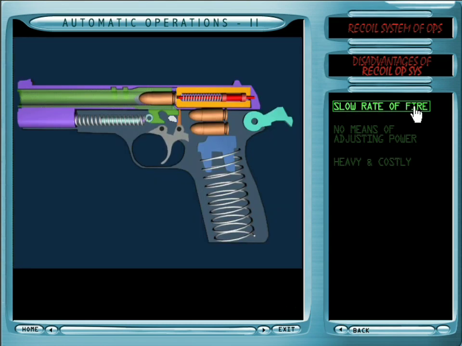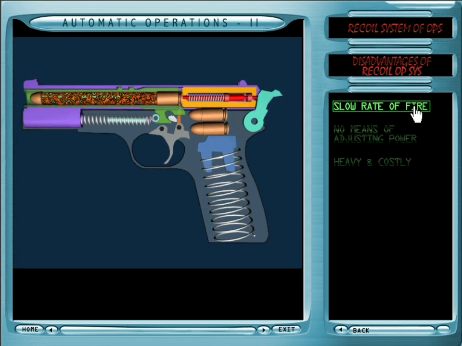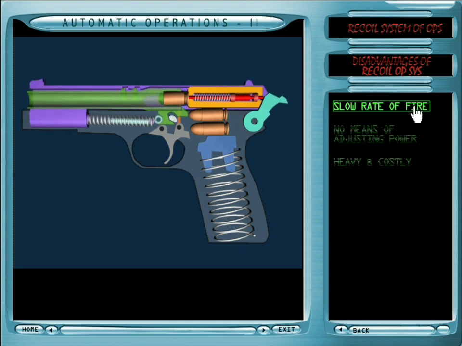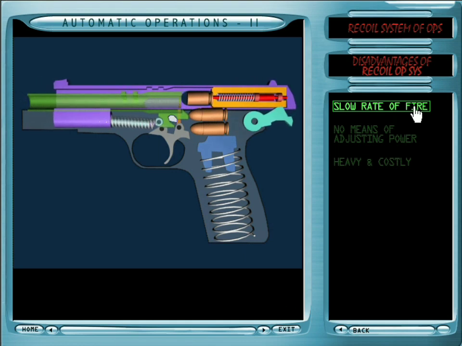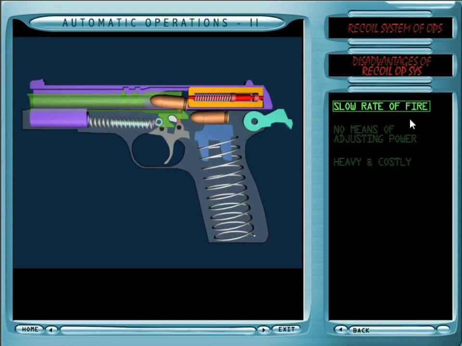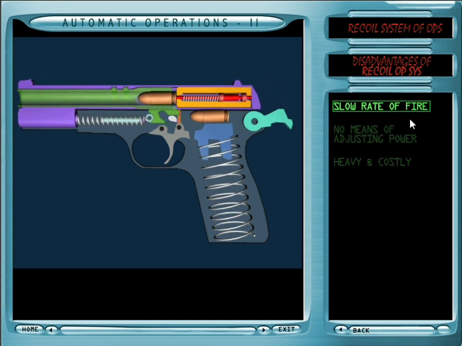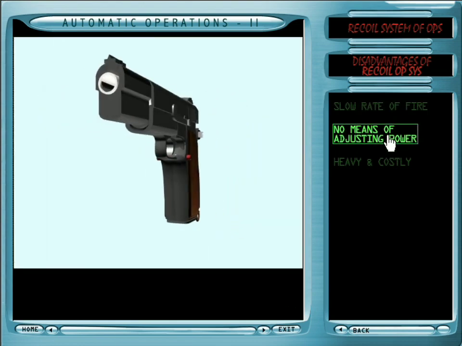Slow rate of fire. Only 1% of the total energy is used as the recoil energy. Hence, the rate of fire achieved in recoil operated weapons is considerably lower. No means of adjusting power.